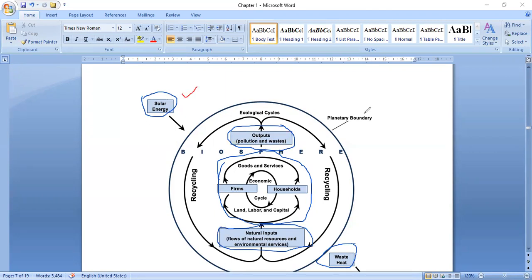For them, they are looking at the environment from a broader perspective. They are adding all these other elements, and they are saying, no, the standard circular flow of economic activity is leaving out all these elements. And they look at elements of recycling.